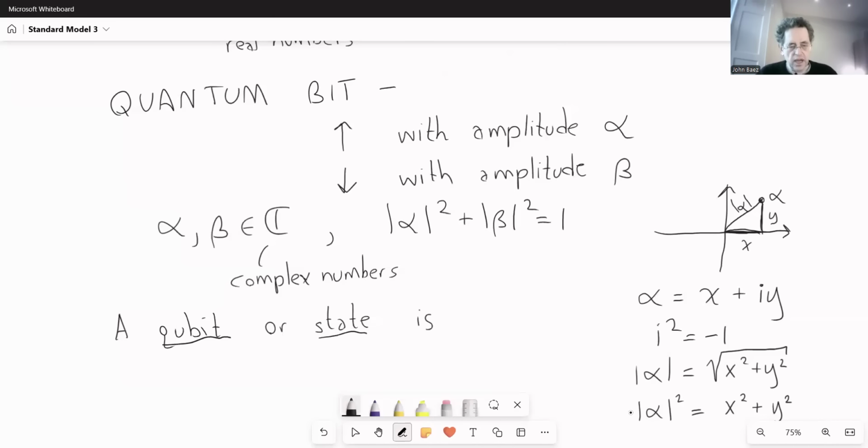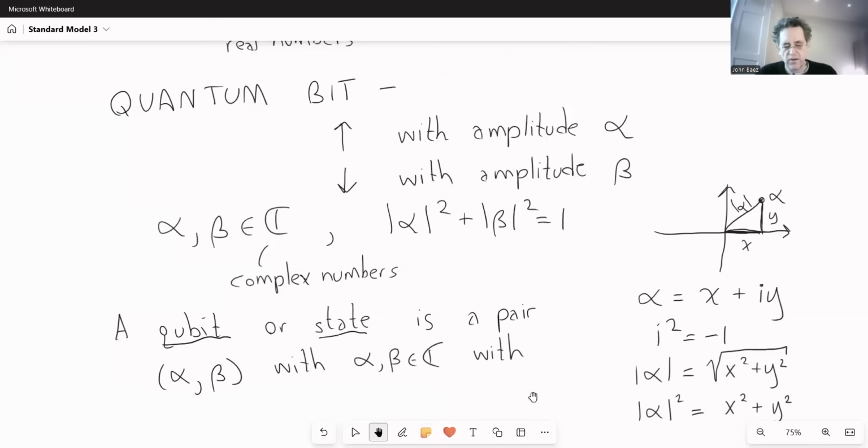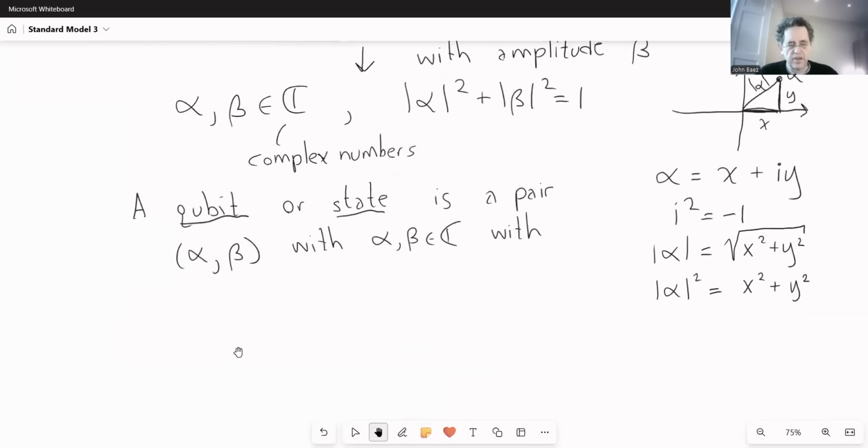It is just a pair of two complex numbers, alpha and beta, and they're complex numbers which have the property that I just said, that when you take their absolute values and you square them, they add up to 1. So that's what a qubit actually is. That's the definition of a qubit.